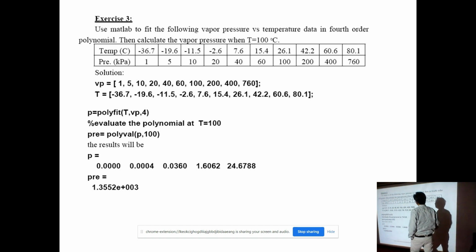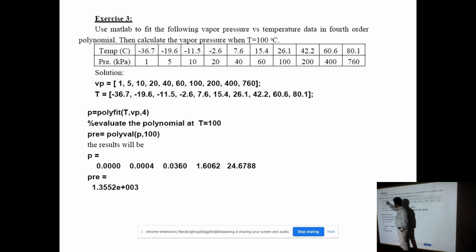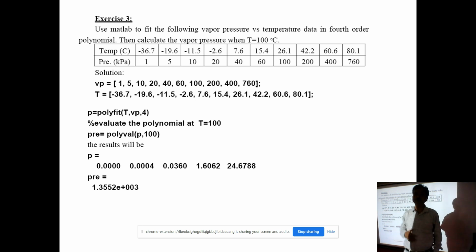Then calculate the vapor pressure when T equals 100 degrees centigrade. He has given a table of temperatures versus vapor pressures, temperature in degrees centigrade and pressure in kilopascals. Now just note down these temperatures and vapor pressures, and don't look at the solution. First understand the problem, then we will attempt it. So note it down.